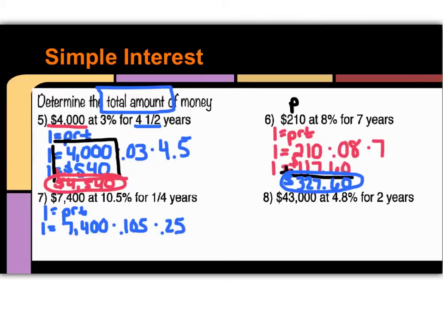So I type in all of these and see my answer, which is $194.25. Now again, if I add these up, there's my principal and my interest. I will get a total of, let's see, still 25 cents.